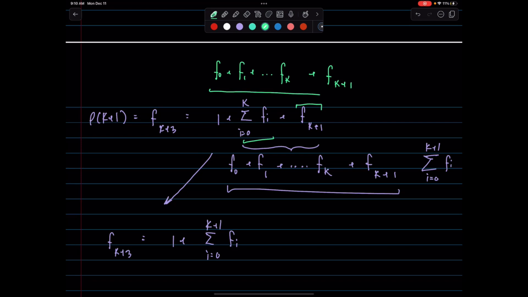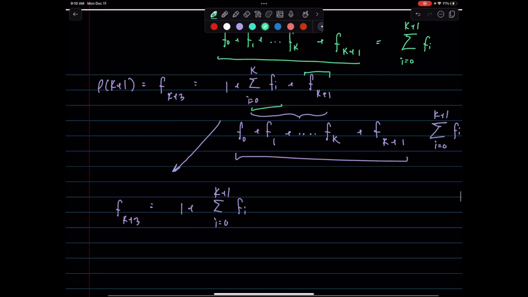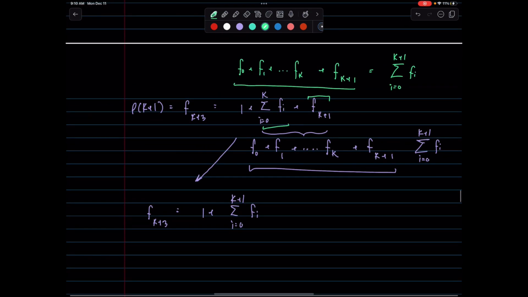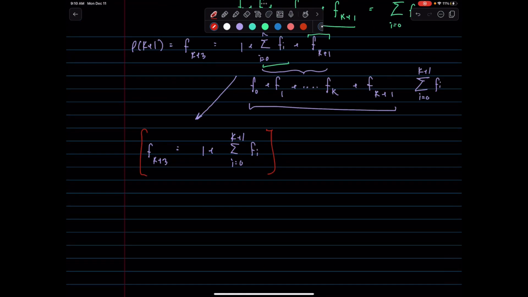So now I'm saying, okay, what does that look like? That's the summation from i equals 0 to k plus 1, isn't it? Right? And so that's what I did. And that is what we wanted to prove. So that is our answer for that question.